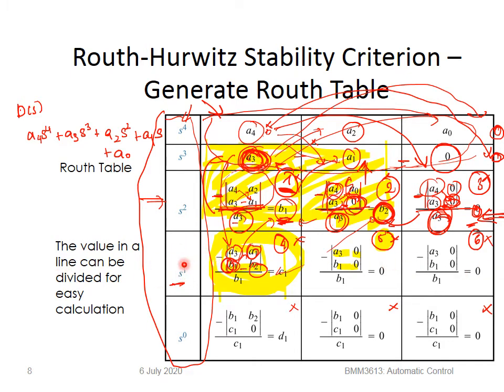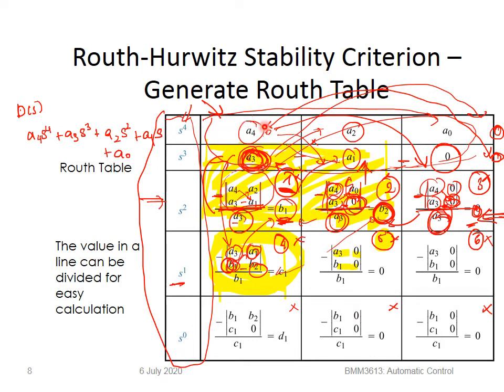There's also a remark about the values in a line. If you look at a line, it says that the values in a line can be divided for easy calculation. For example, let's take S4 here: A4, A2, and A0.